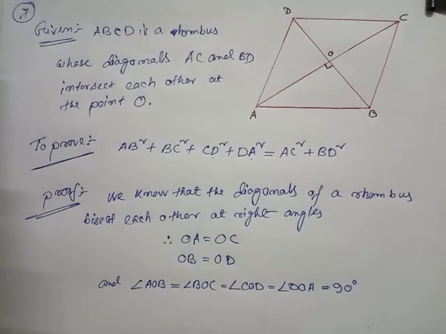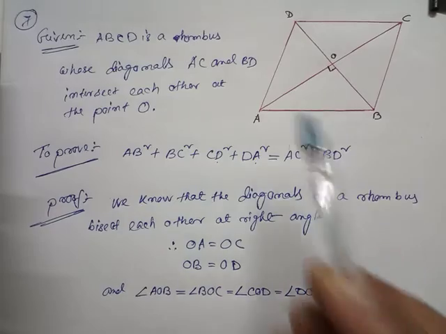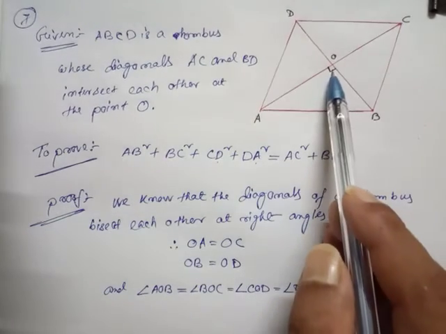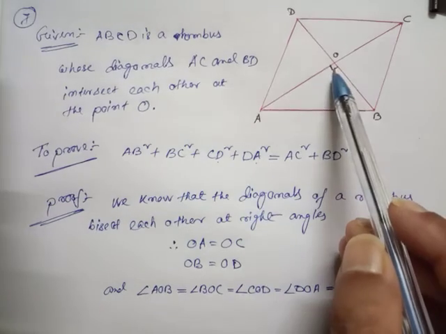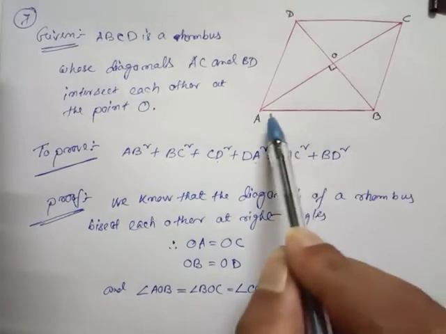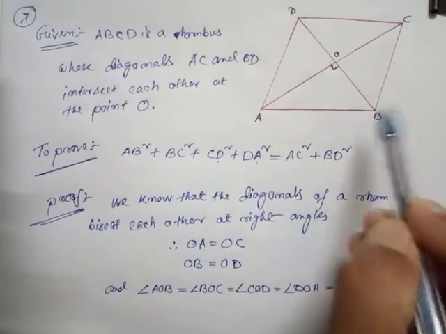Now look student, after that, if angle AOB is 90 degree, which means this side is the hypotenuse. We know that the opposite side of the right angle is the hypotenuse.